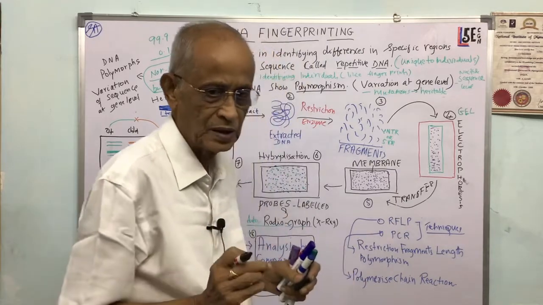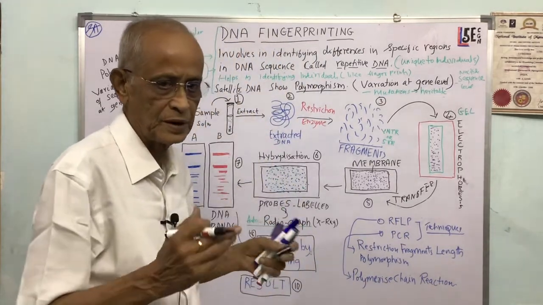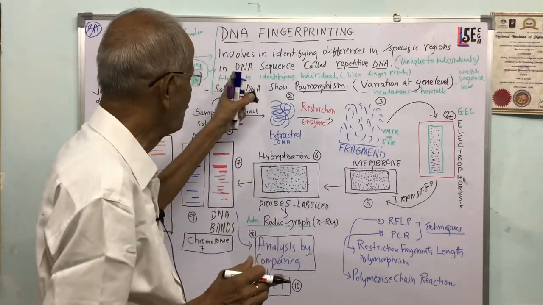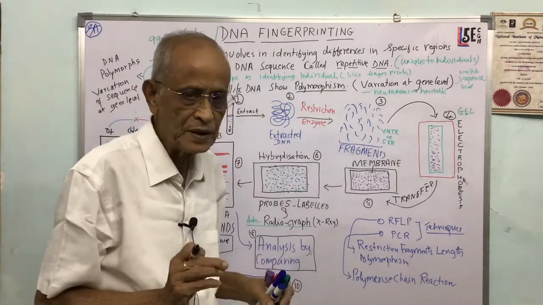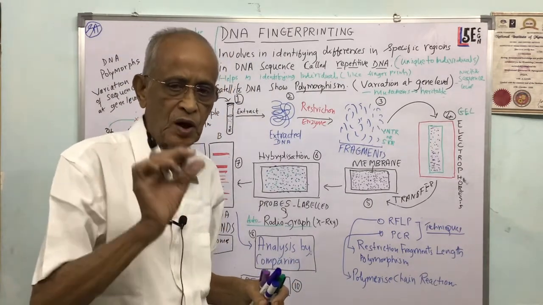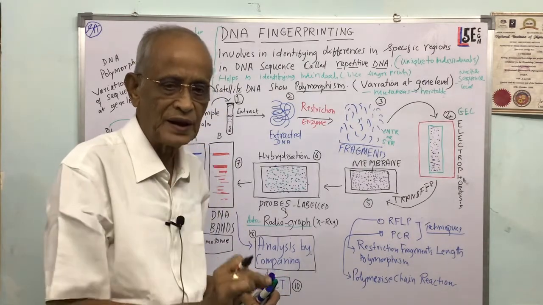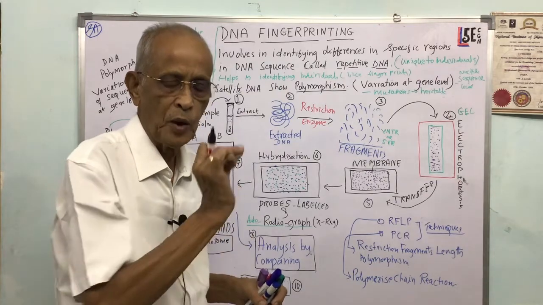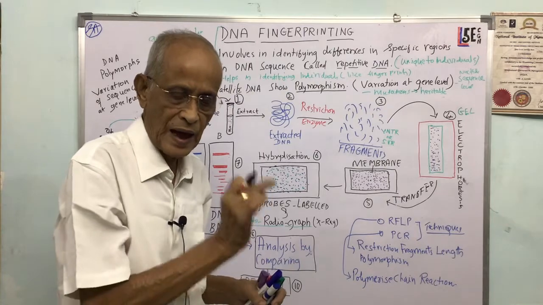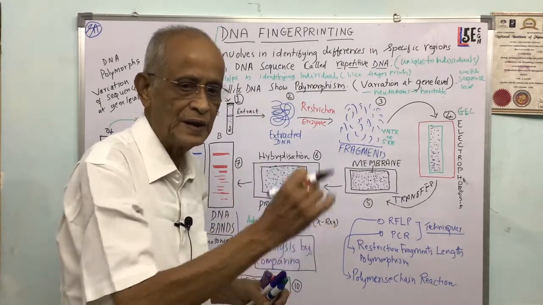Just to recollect, let us try to remember what DNA fingerprinting is. In the simplest way, it involves identifying differences in specific regions of the DNA called satellite DNA, where we have many segments, and these segments have repeat sequences in tandem.